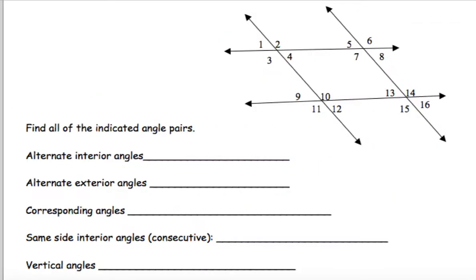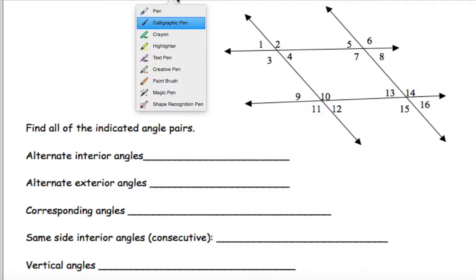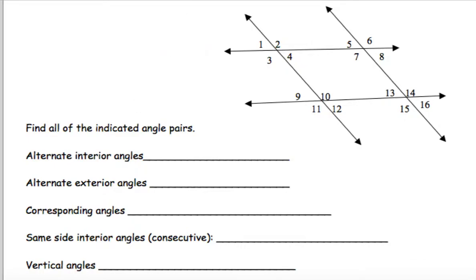Here we're going to practice identifying pairs. So alternate interior angles, we're going to try to find all of the pairs of alternate interior angles. Alternate interior means that they need to be on the inside of the two lines. And the two lines depend on which lines we're talking about here because there's 4 lines here.